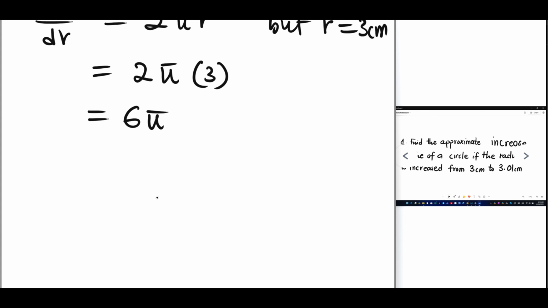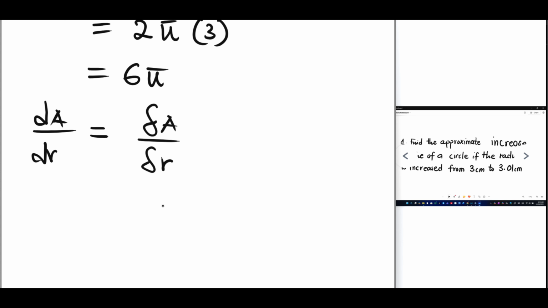Now we know that when it comes to small change, our dA/dr is approximately equal to, or the same as, the small change in the area with respect to a small change in the radius. Okay, now we know our dA/dr to be 6 pi.